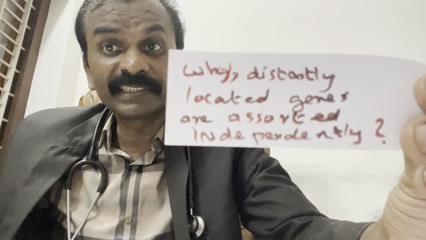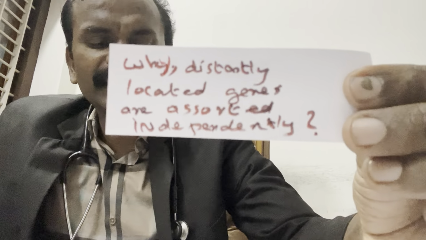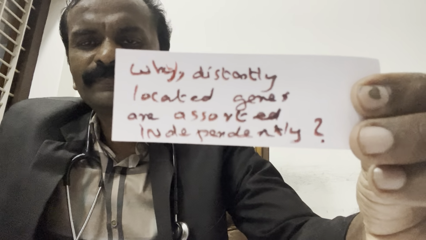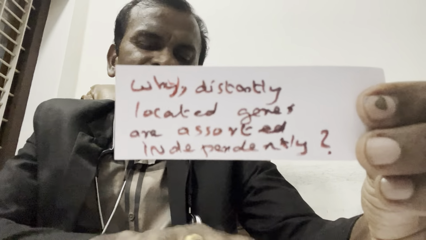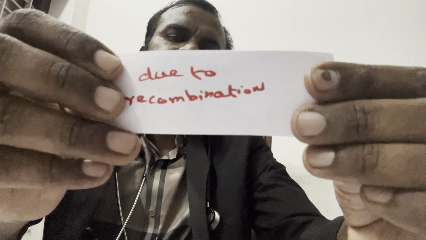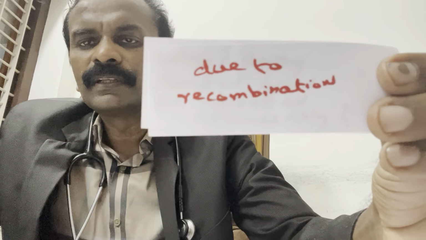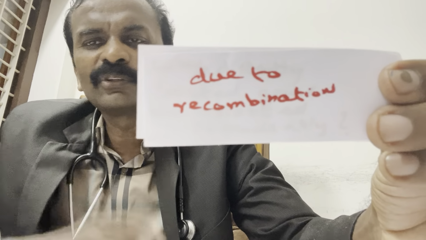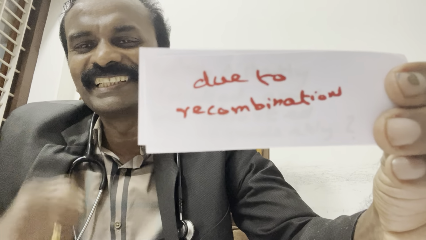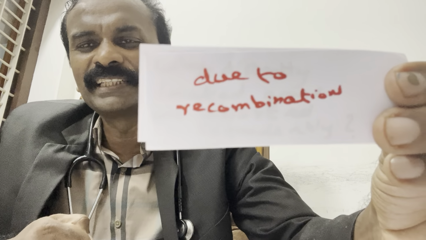Why are distantly located genes assorted independently? Due to recombination. What is the question?